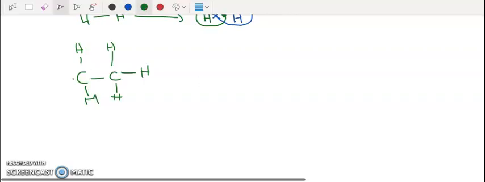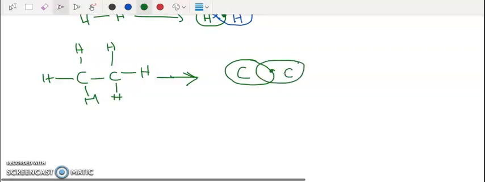It's going to form here. And this is because C has 1 electron here, 1 electron here, and it has 1 here, 1 here, 1 here, 1 here, 1 here, 1 here.